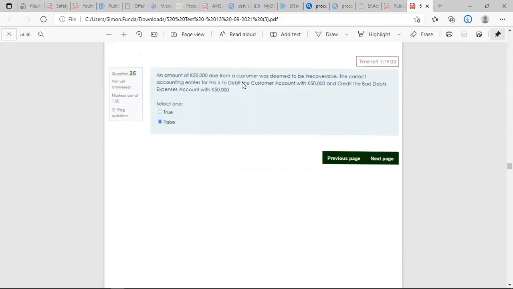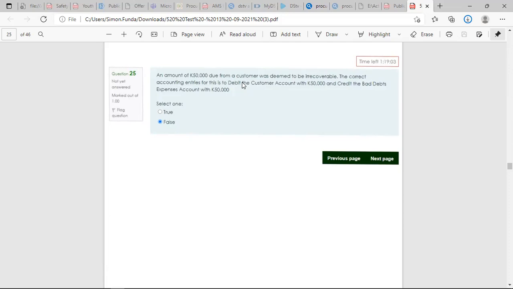25, an amount of 50,000 due from a customer was deemed to be irrecoverable. The correct entries for this is to debit the customer account with 50,000 and credit the bad debt account with 50,000.